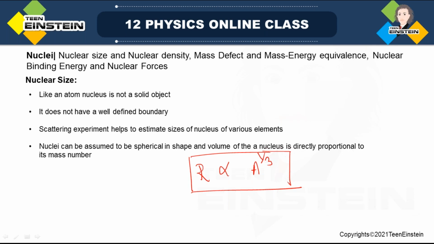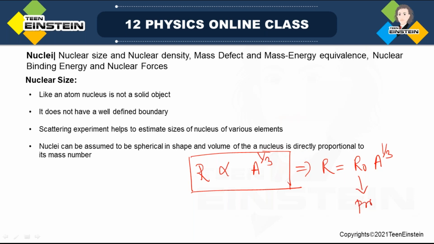This is very, very important, and in various numericals, in competitive exams and also in the board exam, you may get a question on nuclear size or nucleus radius. This is called nuclear radius.